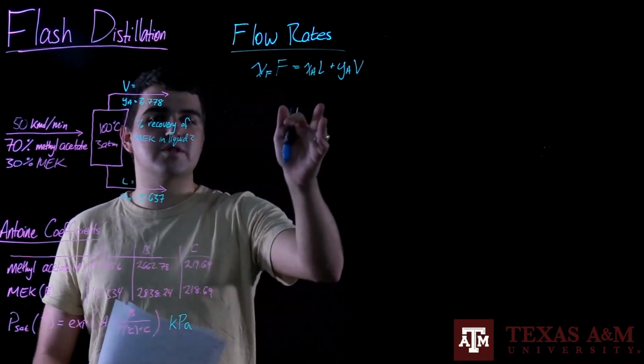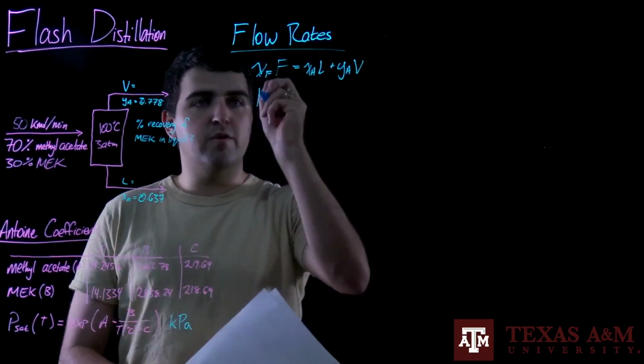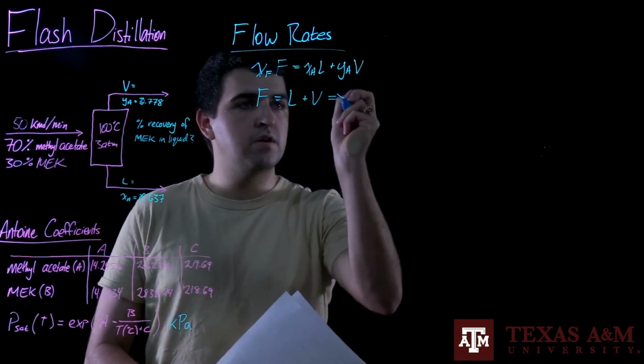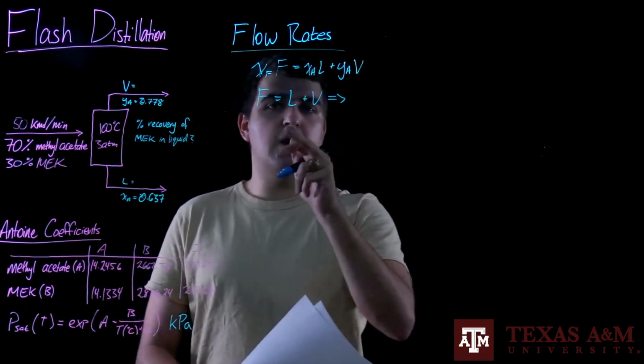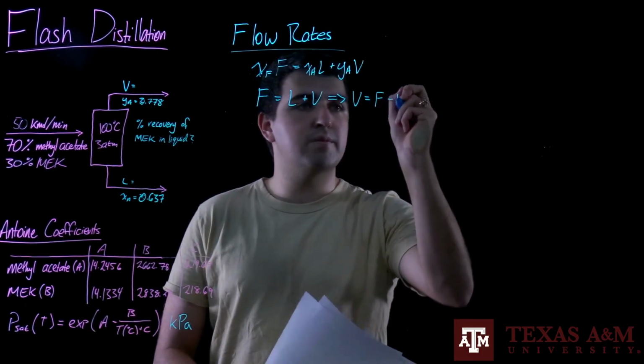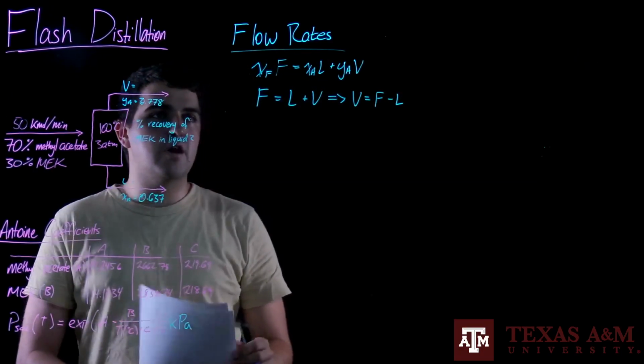That's our flow is equal to our liquids plus our vapor. And correspondingly for our total mass balance, we just have F is equal to L plus V, which we can solve for either L or V. We'll just do V and give V is equal to F minus L. Once we have that, we can plug into our first one.